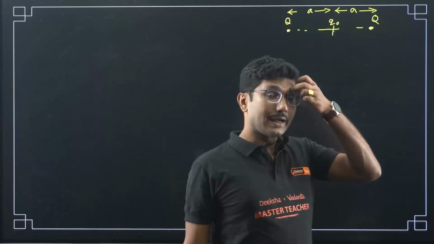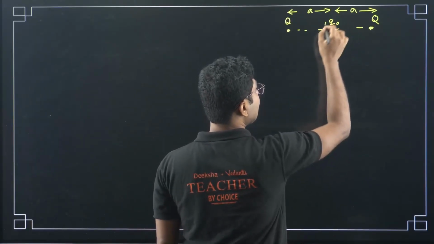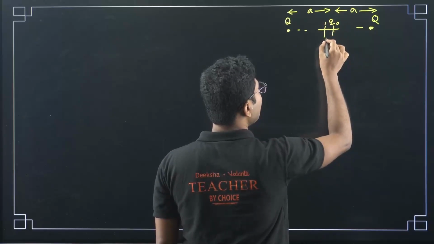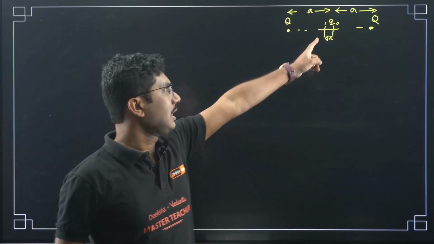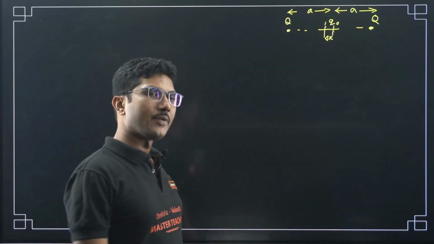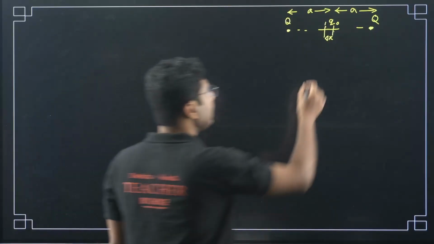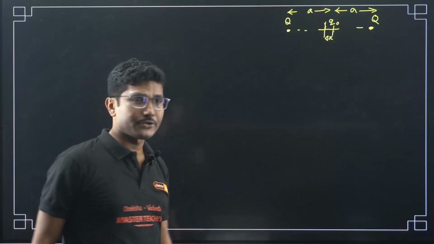Now it says that if you displace this charge by a small amount delta x, then this charge will start oscillating, and you have to find the time period of that oscillation. Standard question. Those who are preparing for JEE know this type of question, right?